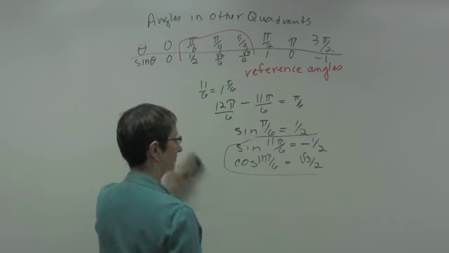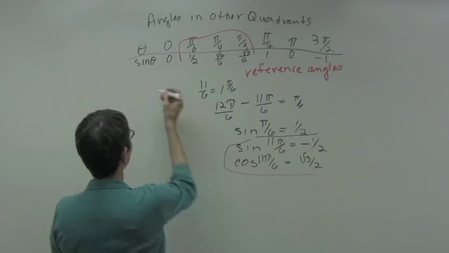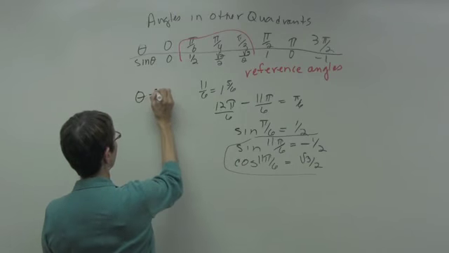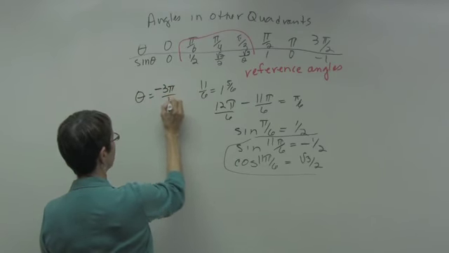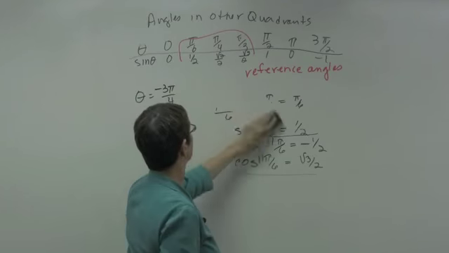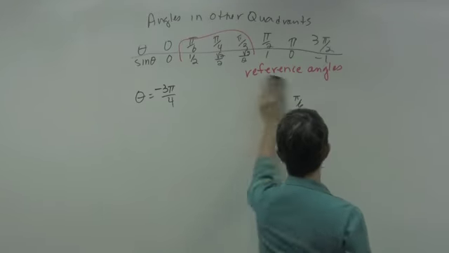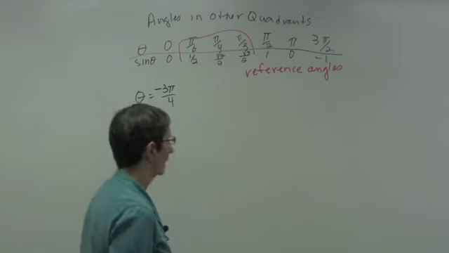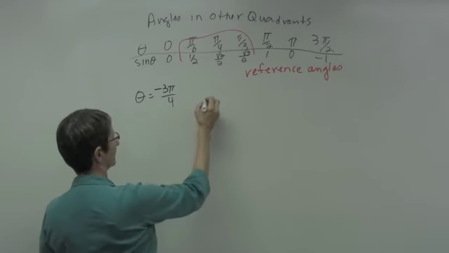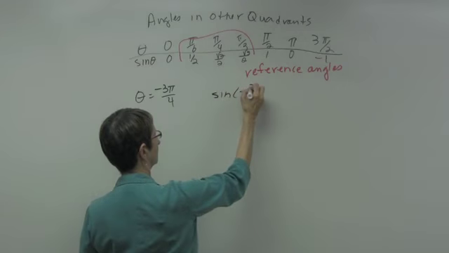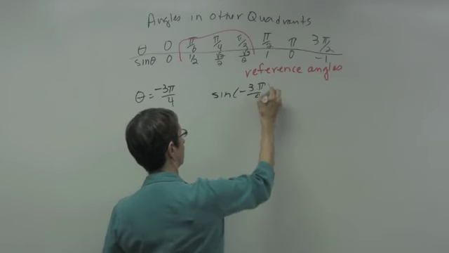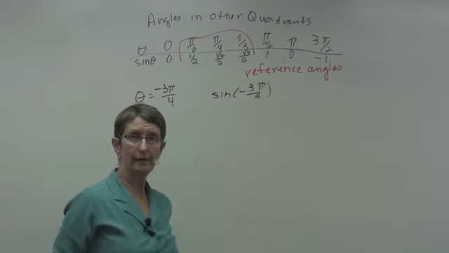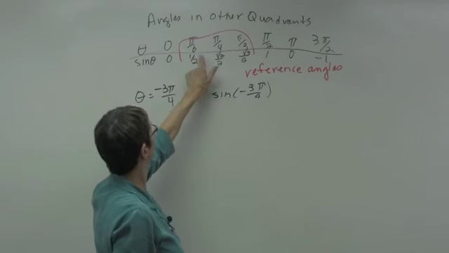Look at another one. Let's look at negative 3 pi over 4. And let's just find the sine of this. Okay, I'm going to use reference angles because this is not a common angle.